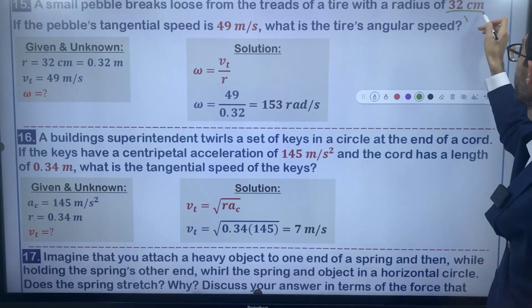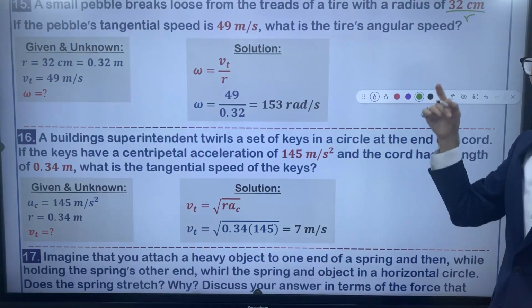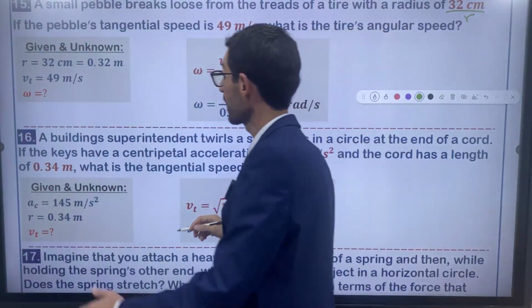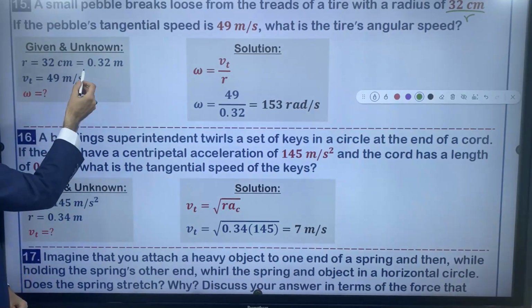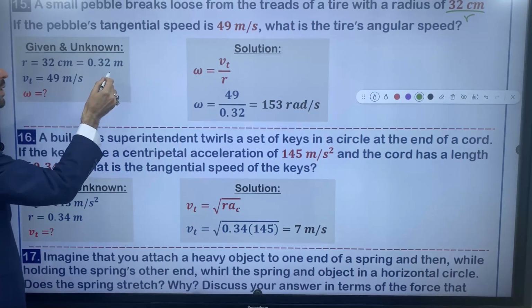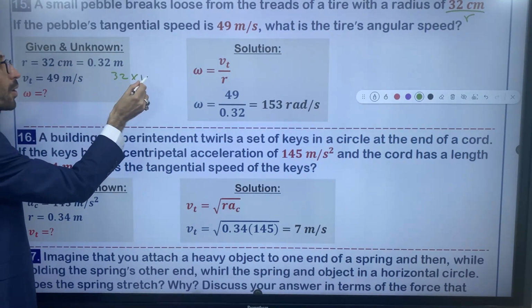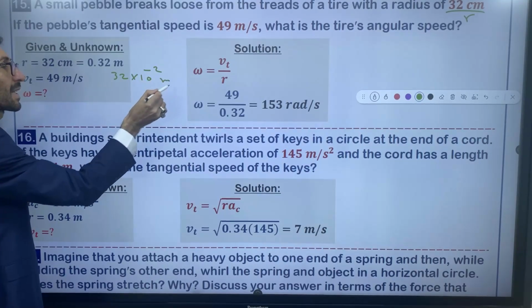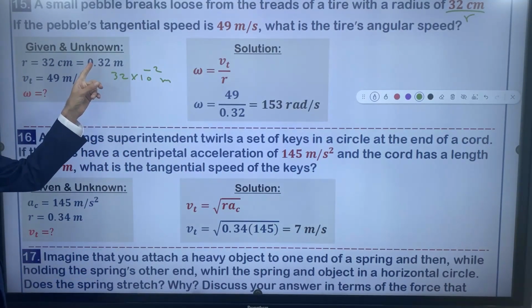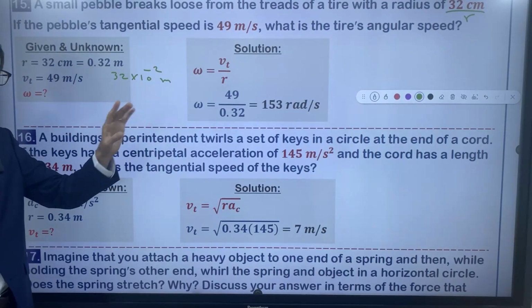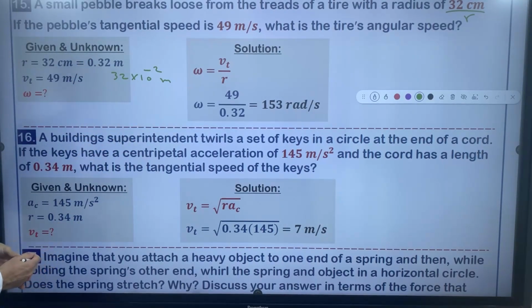This is R. You have to convert it to meters by dividing by 100, right? Either you divide it by 100 or you multiply 32 by 10 to the power negative 2 meter. Whether you use decimal fraction or scientific notation, as you like, no problem.